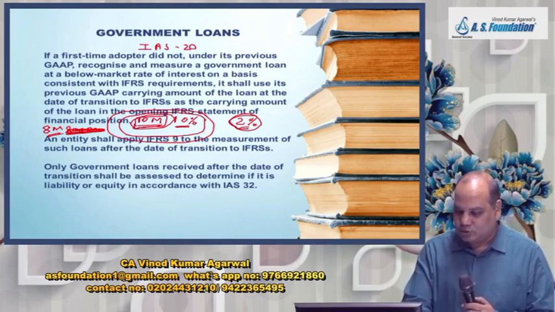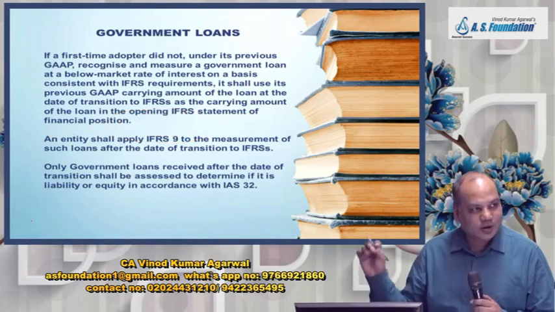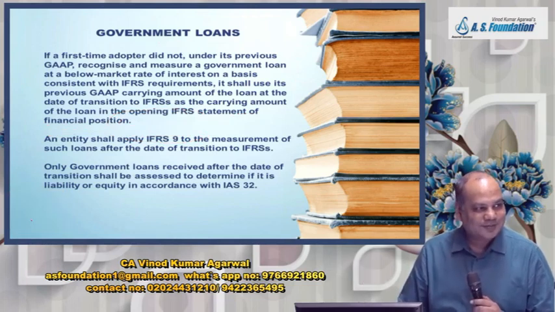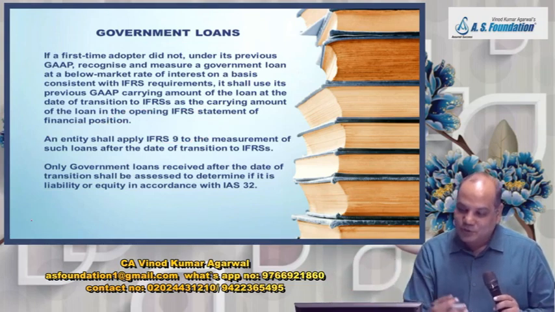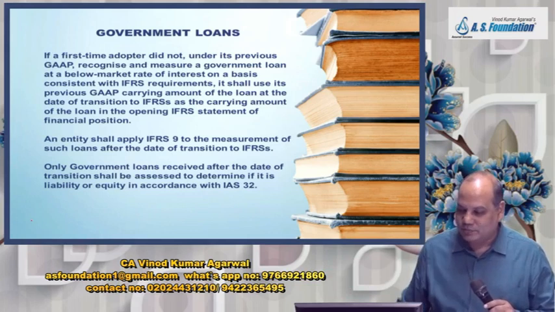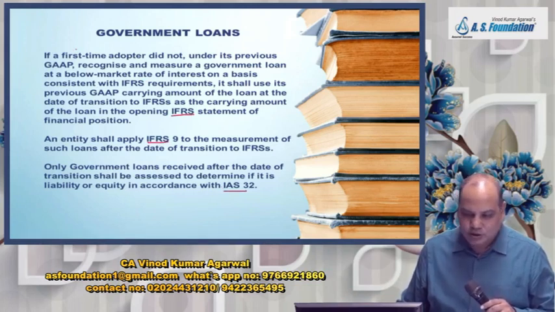Now, are you going to do this exercise for all such government loans outstanding on the date of transition? No. Whatever you have done, continue. But from this point onwards, you will have to apply all these standards, IFRS 9, IAS 32, etc. So now you read, you will understand.